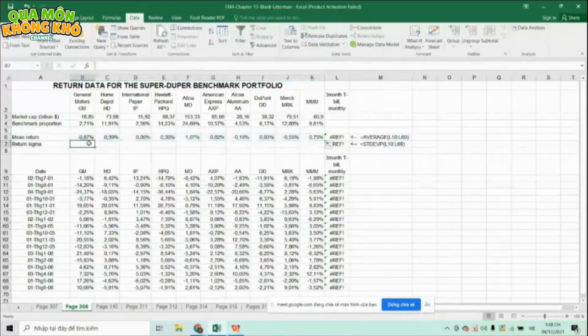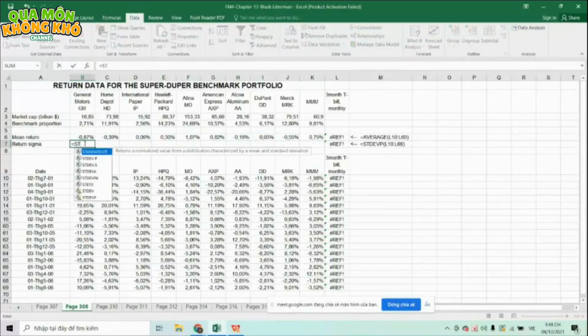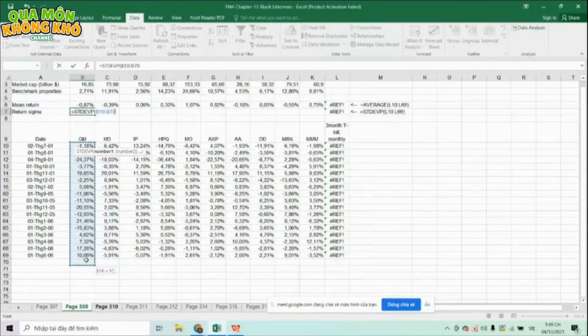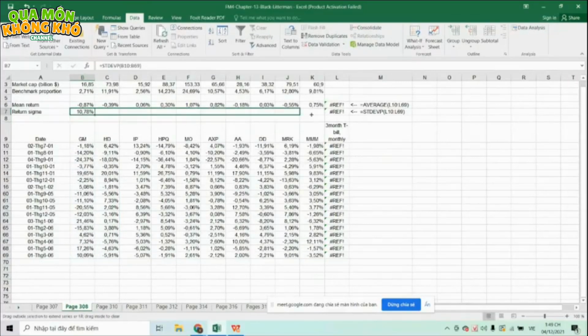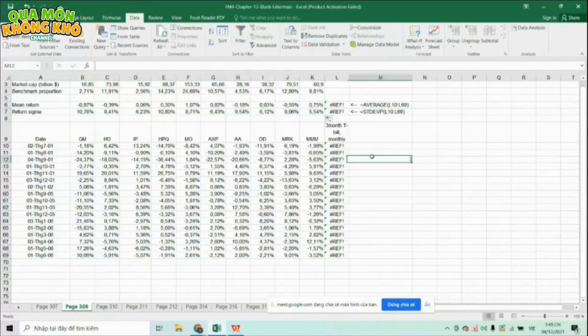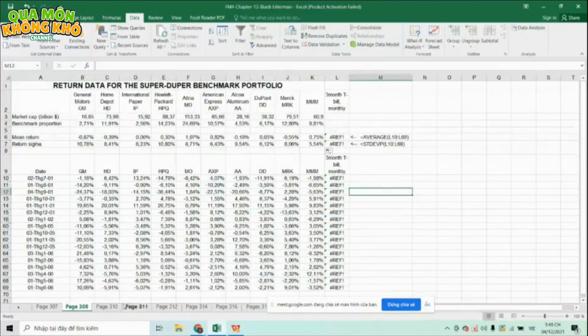So here's the mean return. And next is the return sigma. We will use the function standard deviation of this, and do the same with the others. So here.